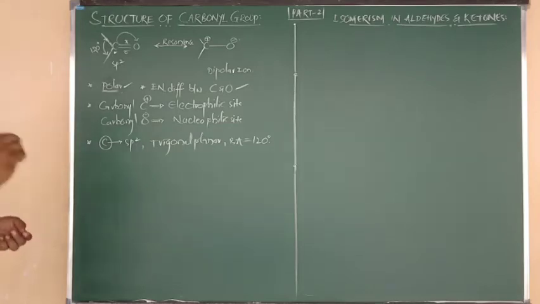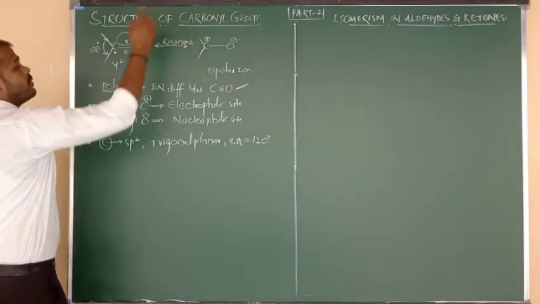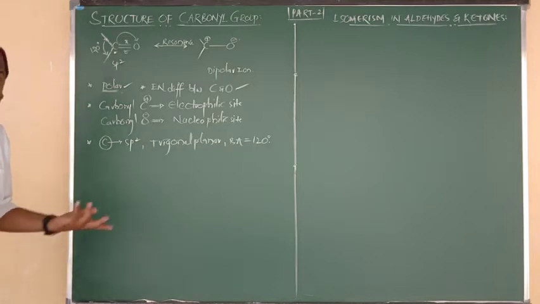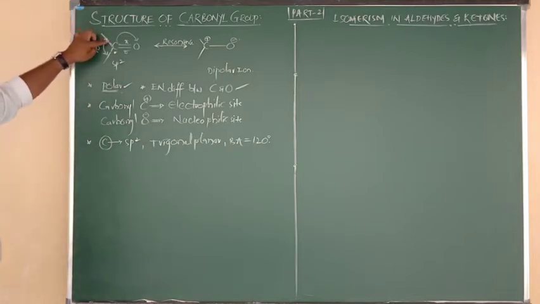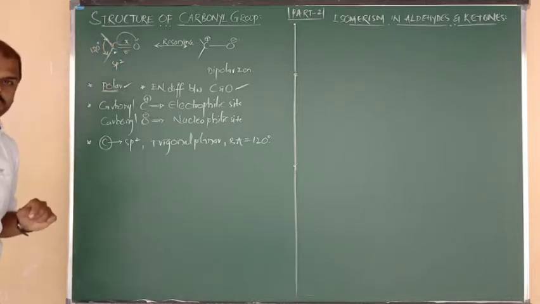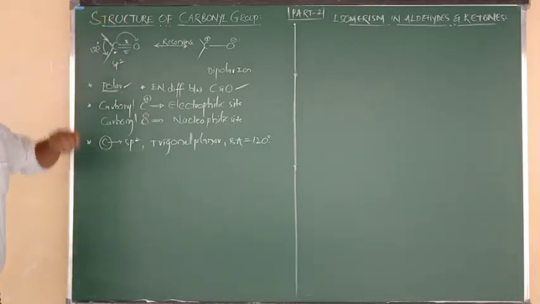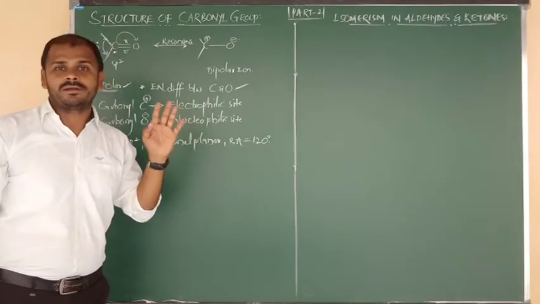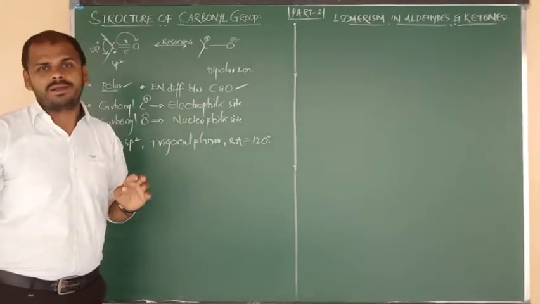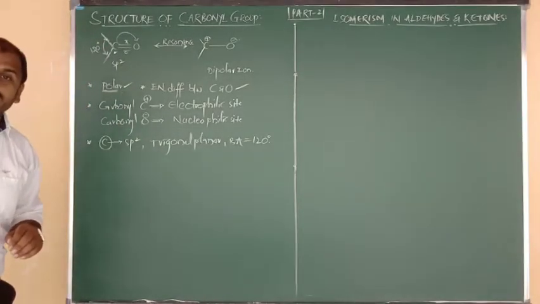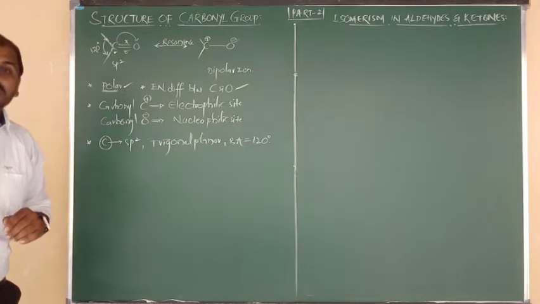Now in carbonyl compounds, around that carbon, how many bonds can we expect? Four bonds are there: this is the first bond, second bond, third bond, and this is the fourth bond. But one of the bonds is a pi bond, and we know very well that pi bonds are unhybridized orbitals; they do not participate in hybridization. So around the carbon, three bonds are there. What will be the expected hybridization?